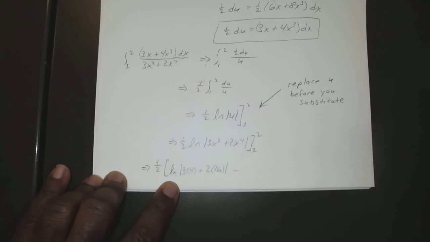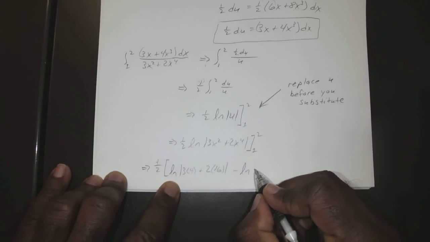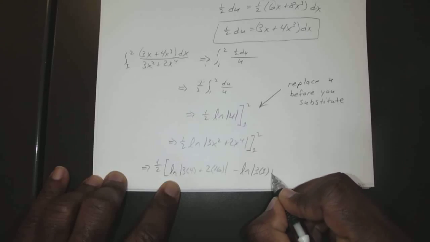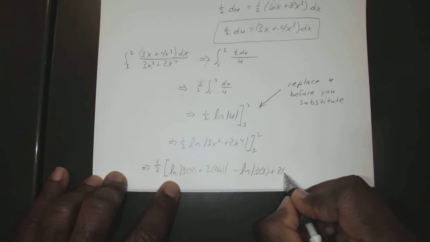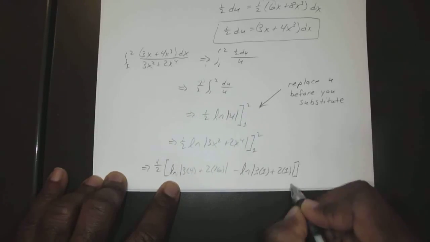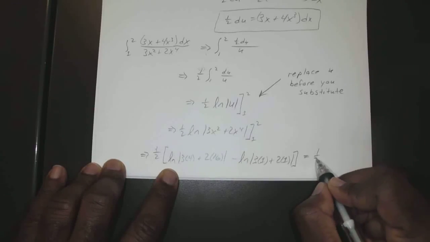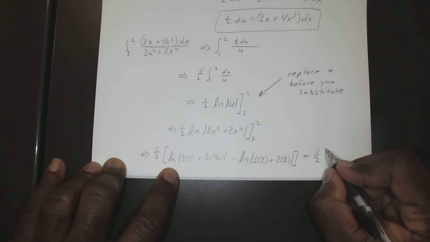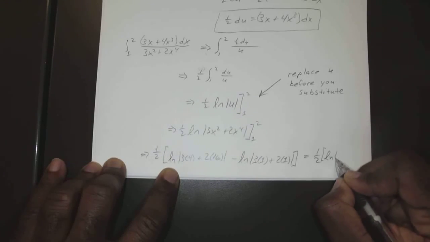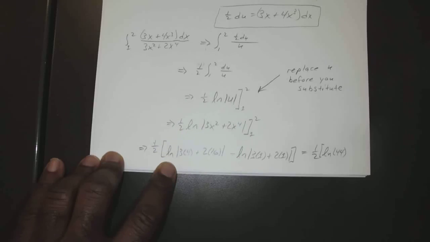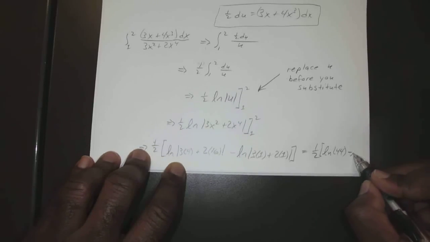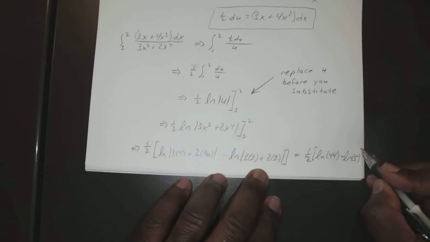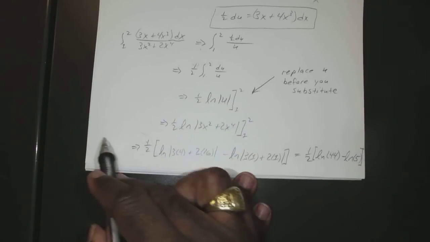Minus, now we plug in our 1, natural log of 3 times 1 squared, or 3 times 1, plus 2 times 1, which gives us 1/2 natural log of 12 plus 32, which is 44, minus natural log of 5. Oops. All that wasted space.